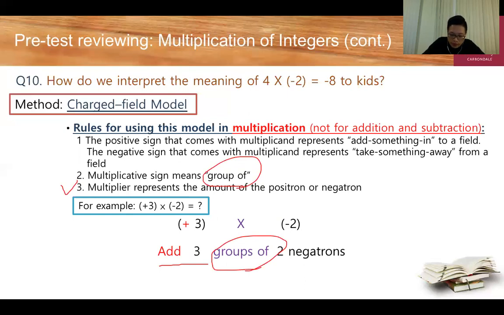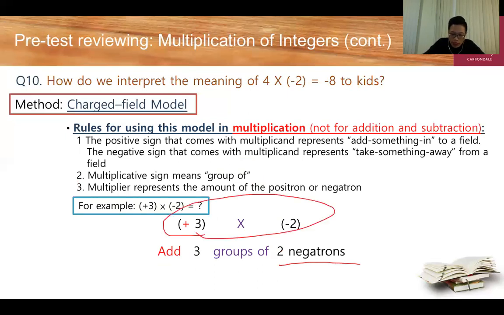The multiplier right now is -2, so that means 2 neutrons, okay? So basically after we use these 3 rules, this equation will be read as add 3 groups of 2 neutrons.